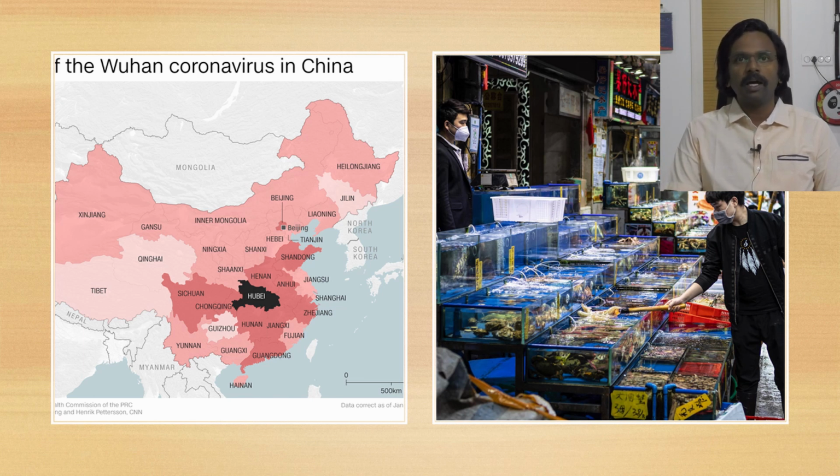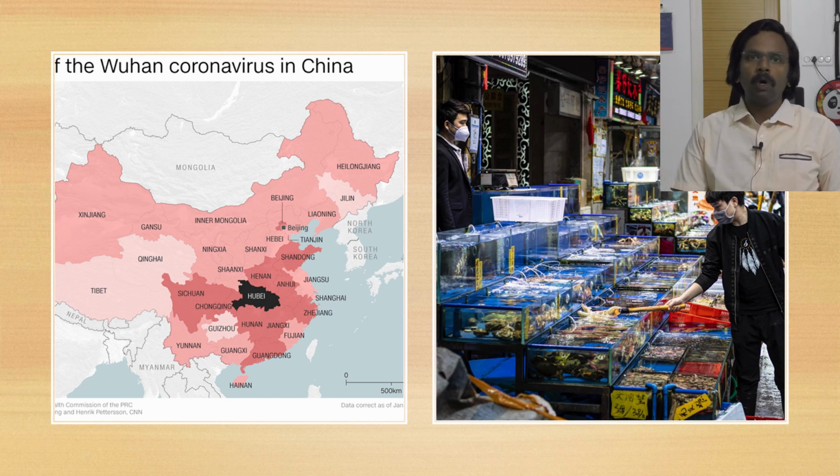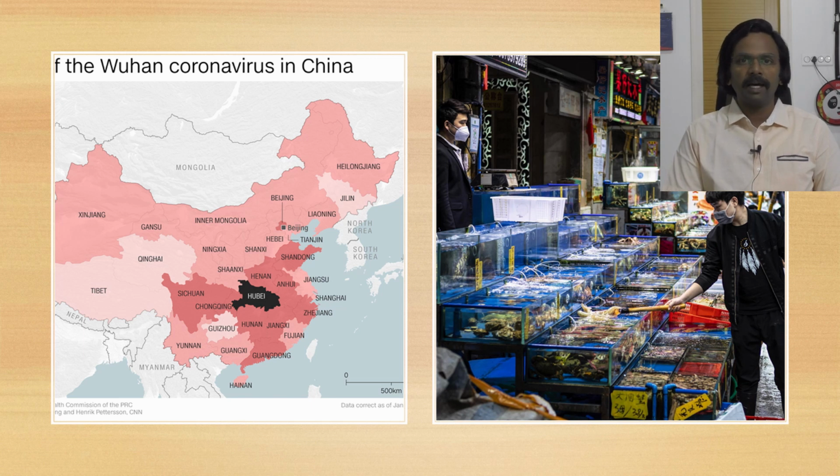This epidemic first started in Wuhan, China at the end of 2019, where a cluster of pneumonia cases were identified in persons who had worked at or visited the wildlife market in China.